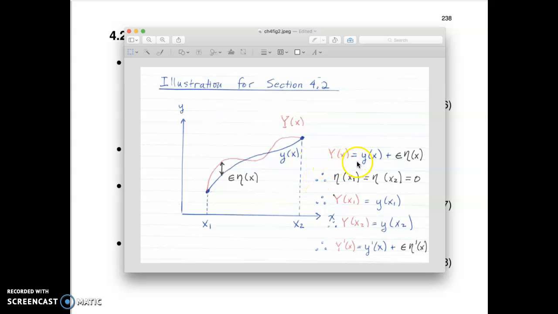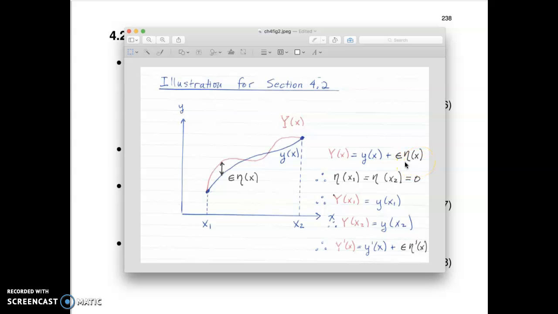But let's introduce another family of functions, call it big Y. So this blue one is little y, the red one is big Y. And we're going to define big Y, which is a function of x, to be equal to little y of x plus a quantity epsilon times a function eta of x. This is the Greek symbol eta. It's a function of x.